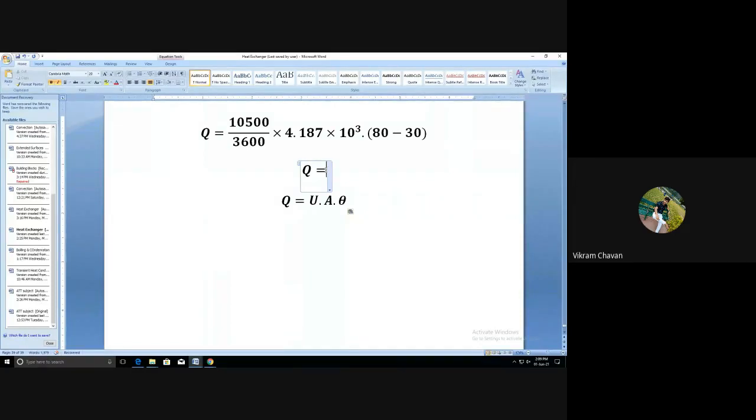0.6106. Is it in joule per second or kilojoule per second? How are you calculating? Please check once again. Namrata, please check the value once again. Is anybody else getting the same value, 0.61?